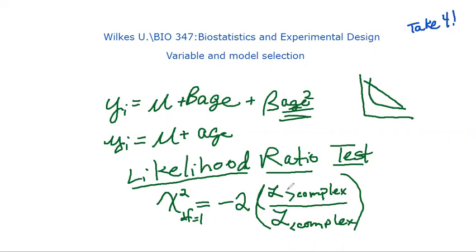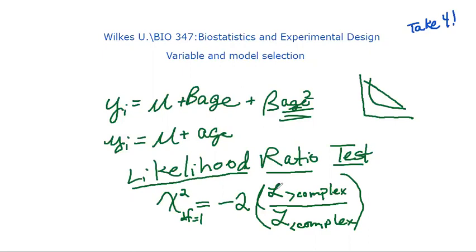If you think about what this means, your critical values should be much greater than 2. Why?